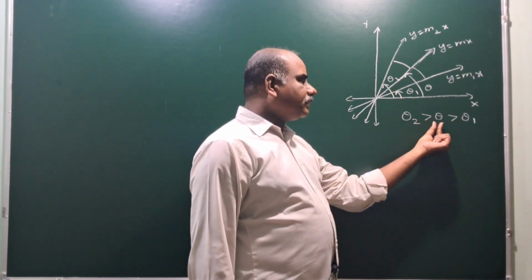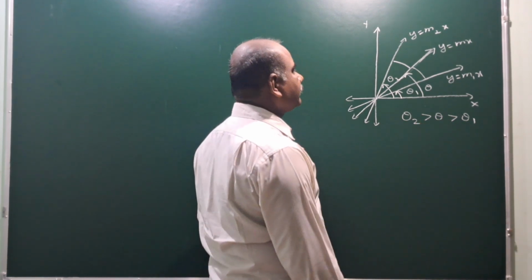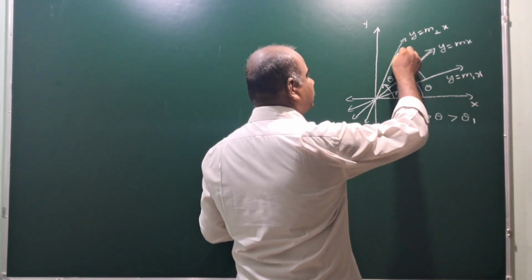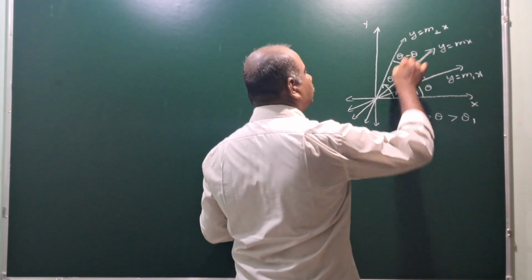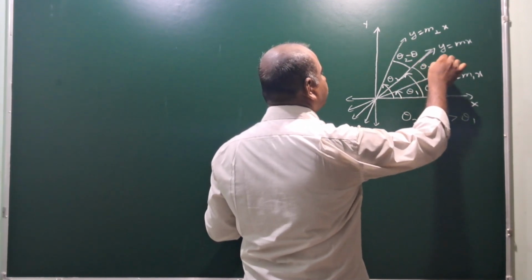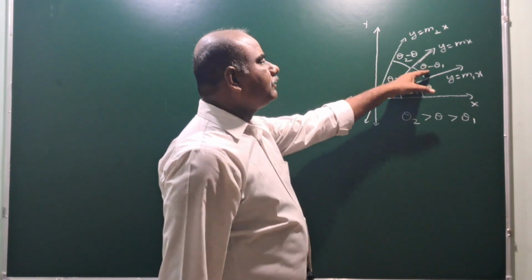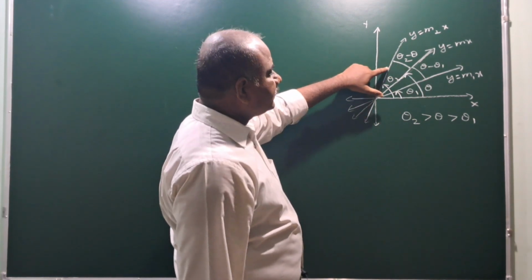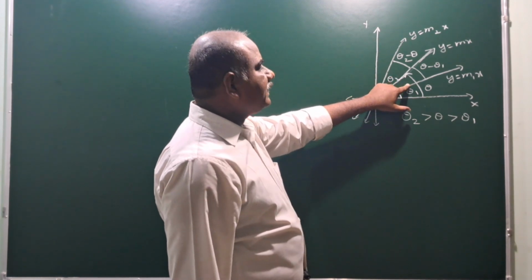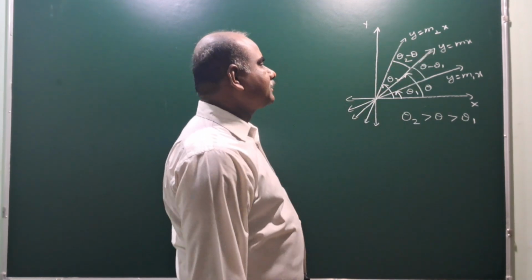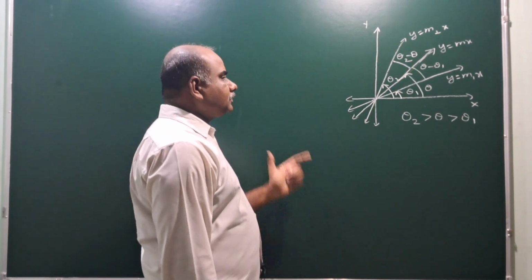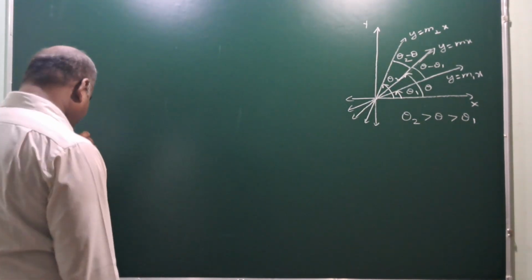The angle between these two lines is represented by theta 2 minus theta, and this one is represented by theta minus theta 1. These two are equal because this is the angle between the pair of straight lines. This angle is bisected by this straight line y is equal to mx. That's why it is called angular bisector. So that is the main point here.